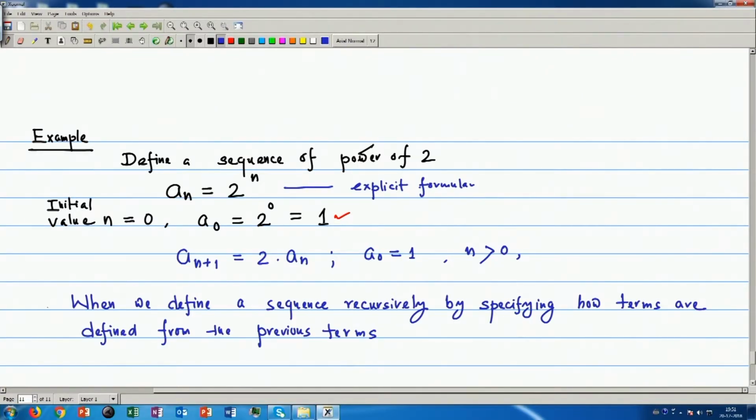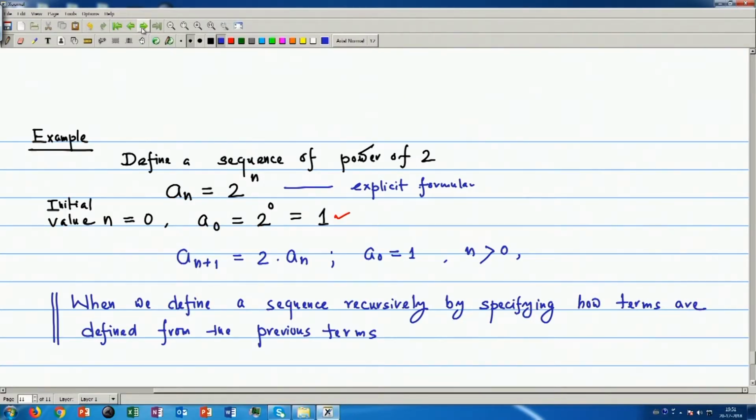And this is the same as what we have called mathematical induction. To prove things about recursive definitions of a sequence, we normally use mathematical induction.